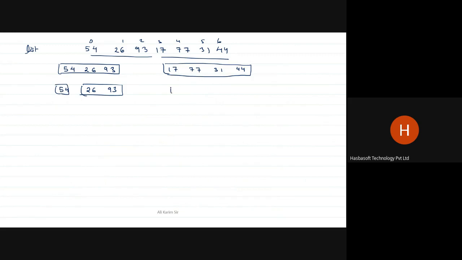And in this case, I can divide into two equal halves like this. Now I need to divide it further. I can put it as a single value, and here again I can divide it like this.